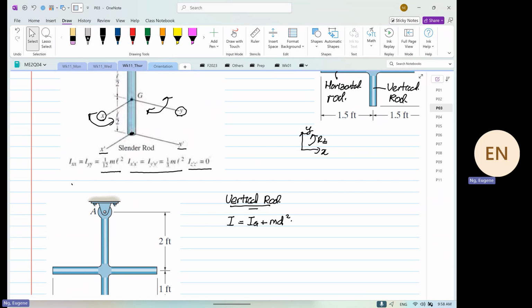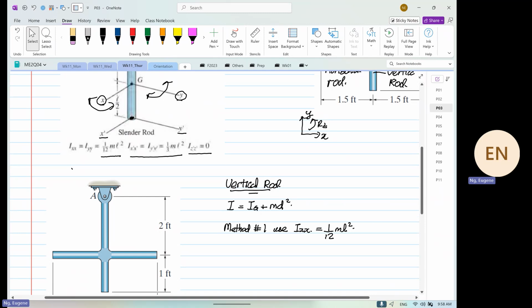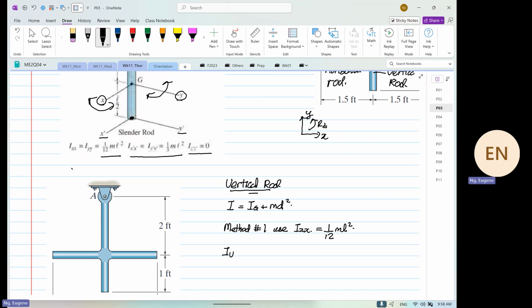The first method, number one, we are going to use IXX, which is equal to 1/12 ML squared. So in method number one, we are going to use the 1/12.